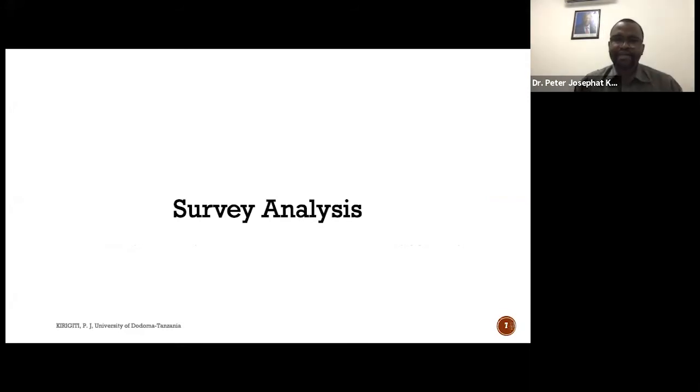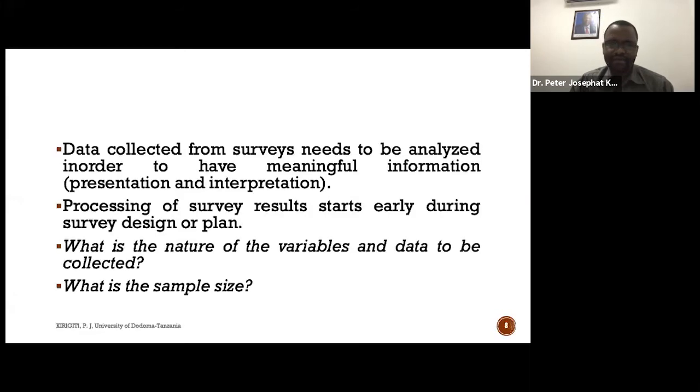So after having an introduction on why it is important to conduct a survey, let us now discuss the plan for the survey analysis. We are going to see some of the issues which are necessary and fundamental to adopt when we analyze the survey.